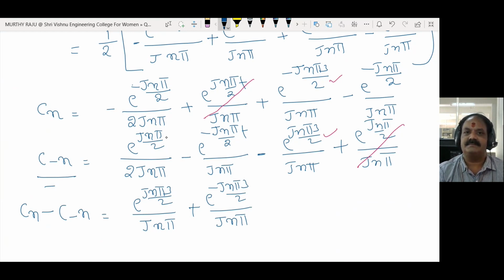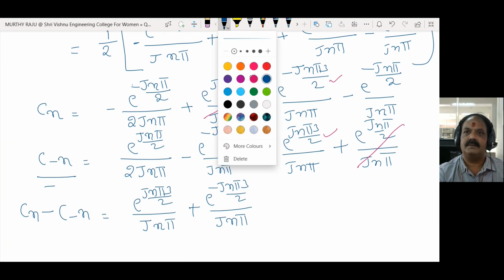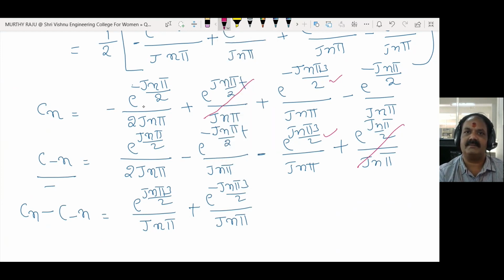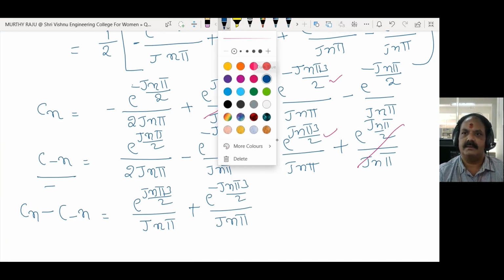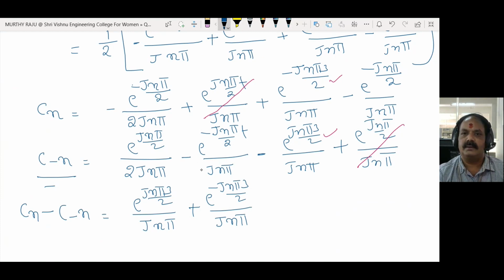And here, minus e power minus j n pi by 2, minus e power minus j n pi by 2 by 2 j n pi. Here 2 is there, because the 1 by 2 term is there.